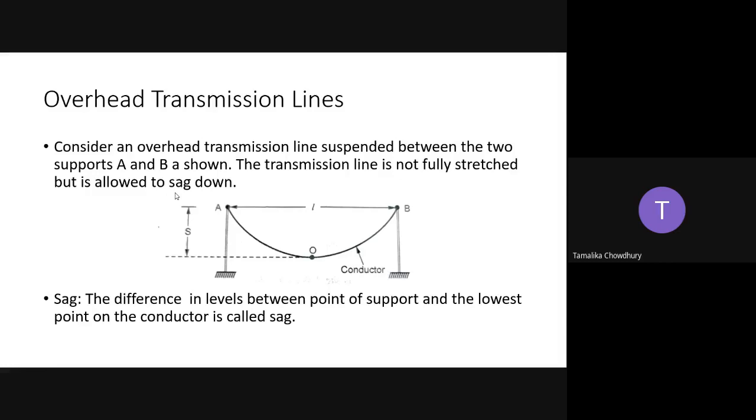Now this tension will have two components, one acting horizontally and the other acting vertically. If you remember resolution of components in case of vectors, suppose T is our tension, then the horizontal and vertical components will be T cos theta and T sin theta, depending upon the angle.